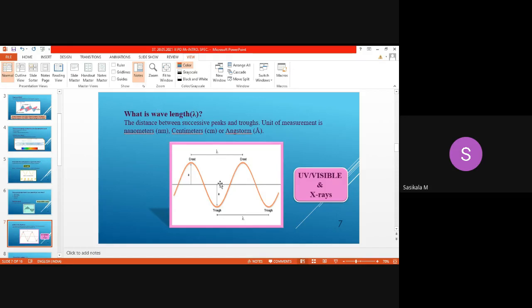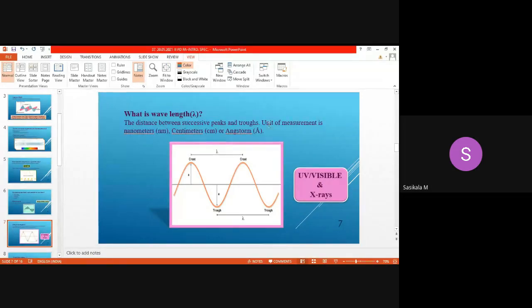Lambda represents wavelength. Either you can calculate the distance between troughs or between crests. This will be equal only for radiation which passes in a vacuum, and this will be taken as wavelength. So this is one part of characterization of a wave.